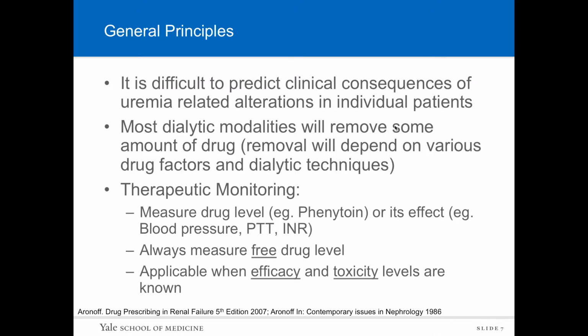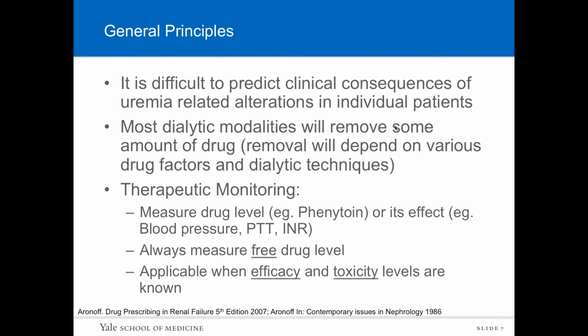So there's some general principles that we as nephrologists follow while we prescribe drugs in our ESRD and CKD population. We admit that it's difficult to predict the clinical consequences of uremia-related alterations in individual patients. Most of our dialytic modalities will remove some of the drug. And where therapeutic monitoring exists, we recommend using that.